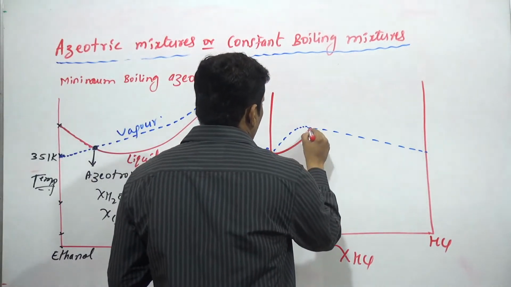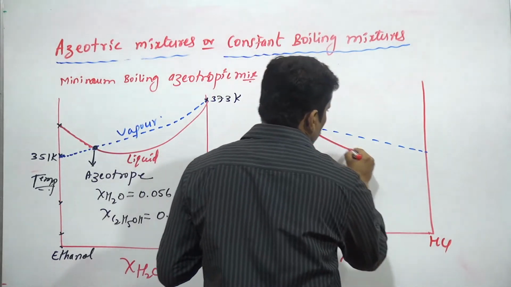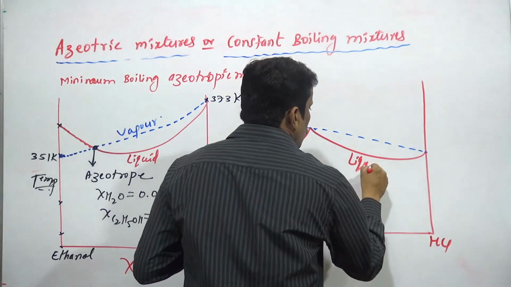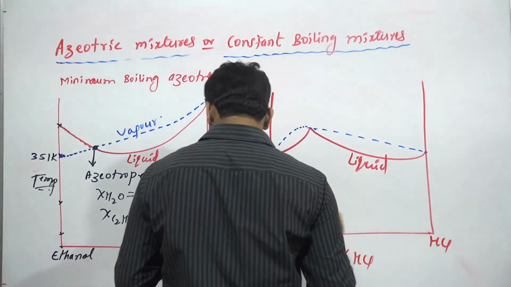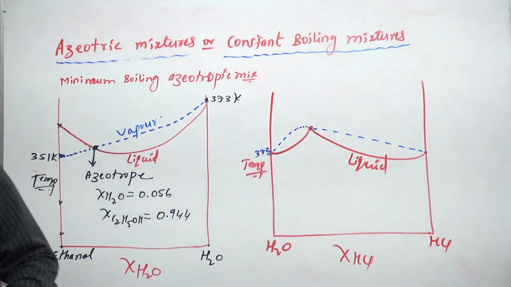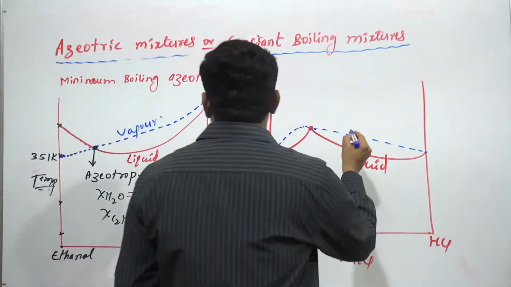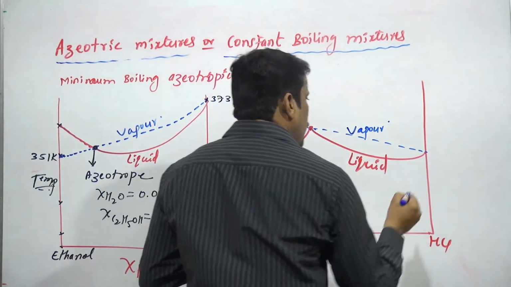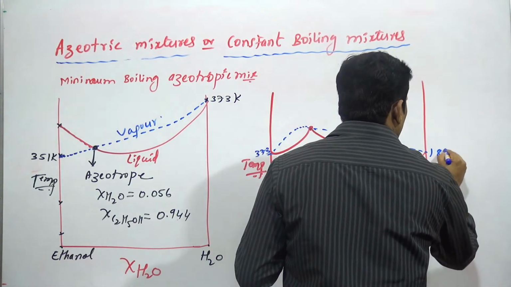For liquid, we have this azeotropic point. This is for liquid, and the dotted line is for vapors, and this is at 188 Kelvin.